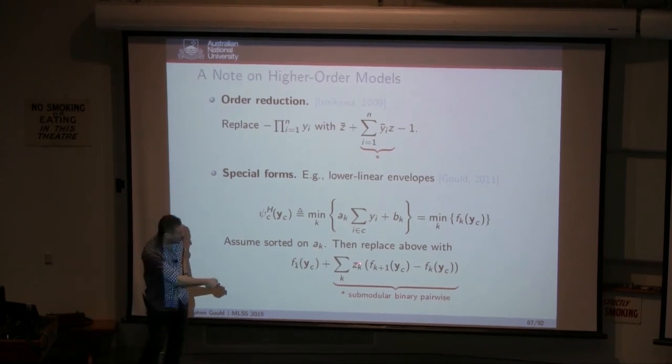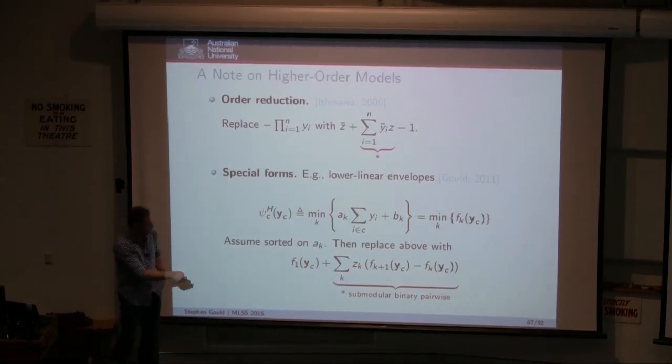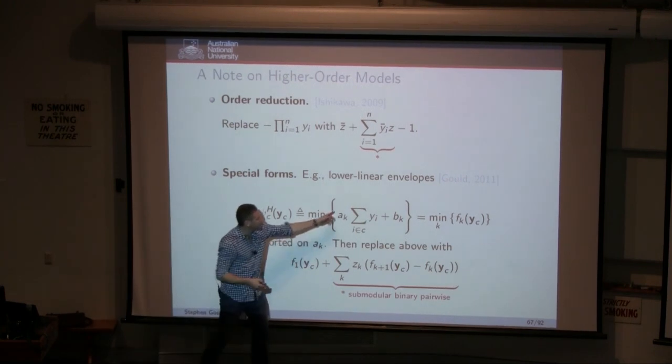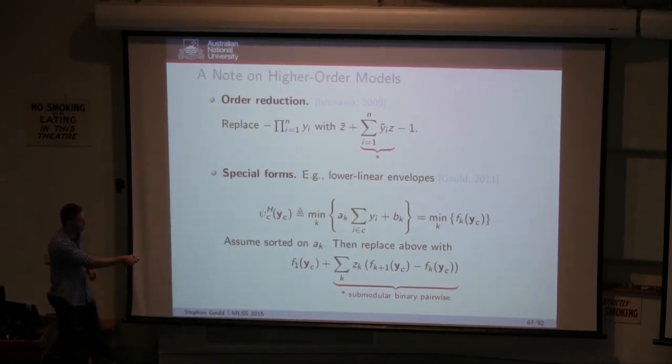Okay, so it turns out that if you do this construction here, you introduce these auxiliary variables z. What these variables are basically doing, as you turn each of these variables on in succession, is they move through the different linear functions that you could choose in this family, right? If you minimized over k.